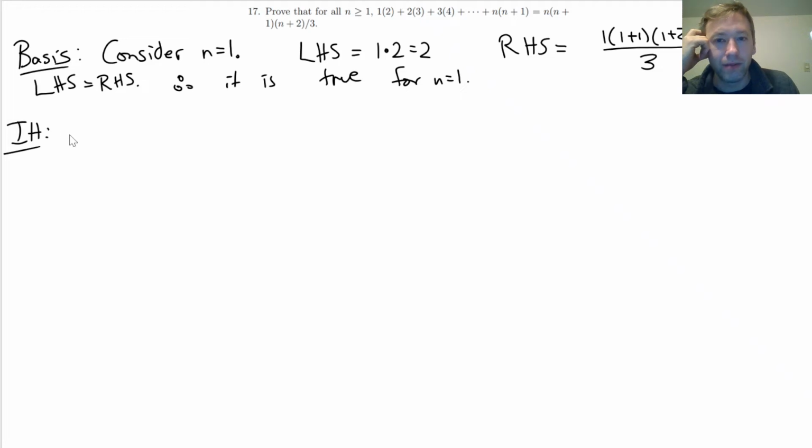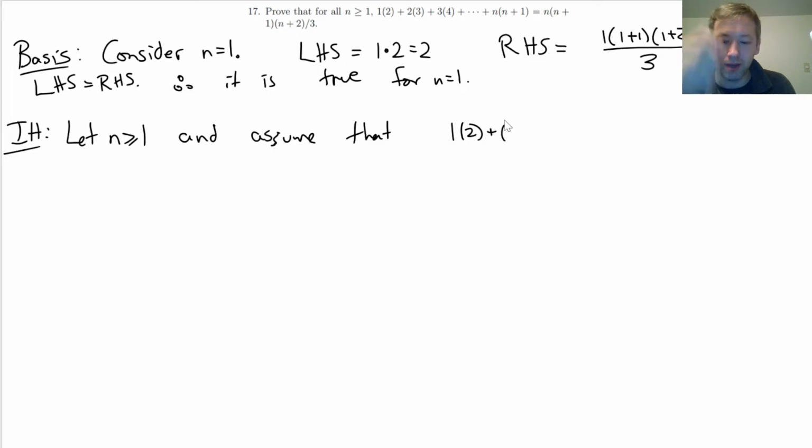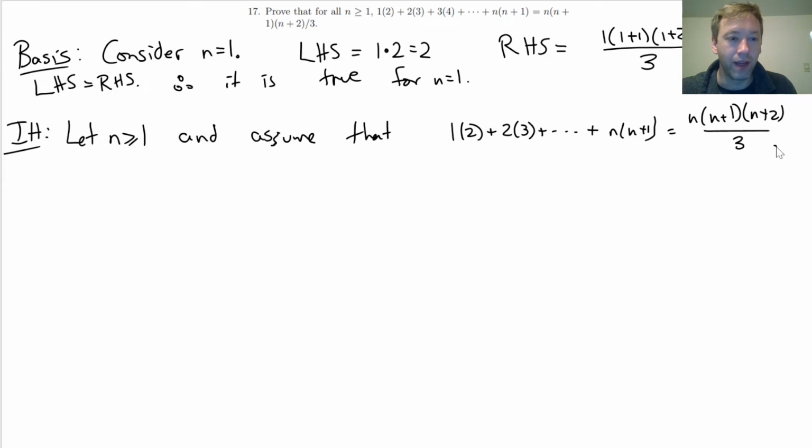So this time, let n be at least 1 and assume that 1 times 2 plus 2 times 3 plus ... up to n times (n+1) is equal to n times (n+1) times (n+2) over 3.